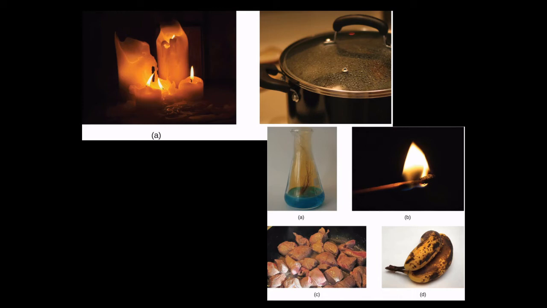We have a match that is burning. We have meat that is browning, and we have a banana that is browning. So think about each of these things and decide if you think they are physical changes or chemical changes. So pause the video now.